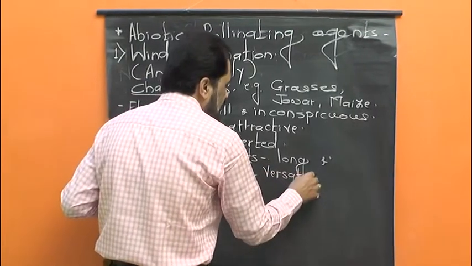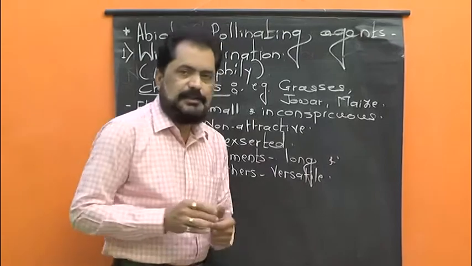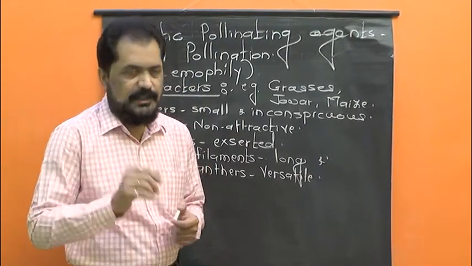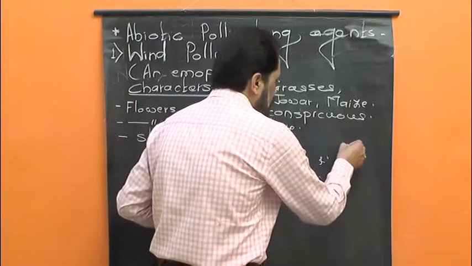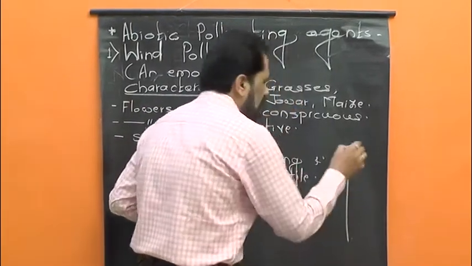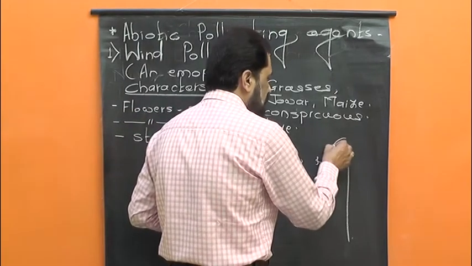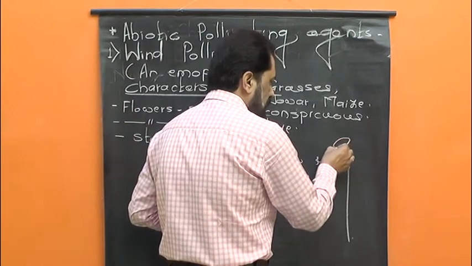Anthers are versatile. Versatile in the sense freely hanging, freely oscillating. Let me explain. Suppose here is the filament of stamen and here is the anther.